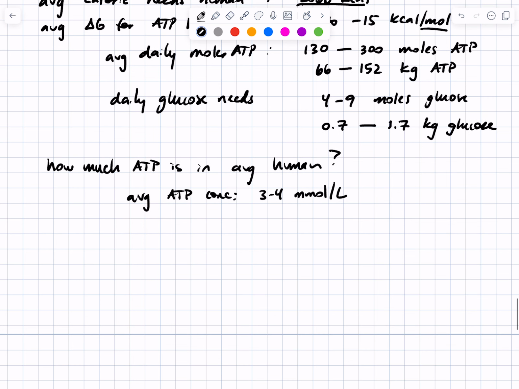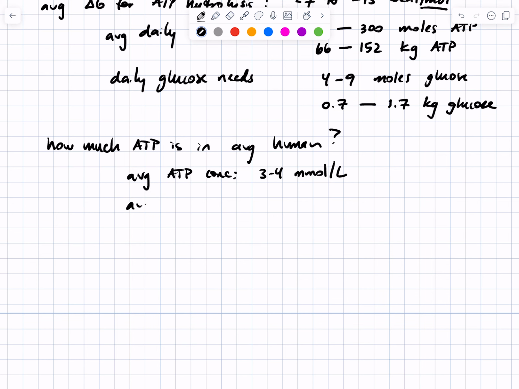Then you need to know your volume to calculate how much ATP you have. And you can do that by hopping into a tub full of water and seeing how much water you displace. I didn't actually do that. I just looked up what the average human volume is. My volume is probably larger because of the triglycerides, but what are you going to do? 42 liters on average human volume.